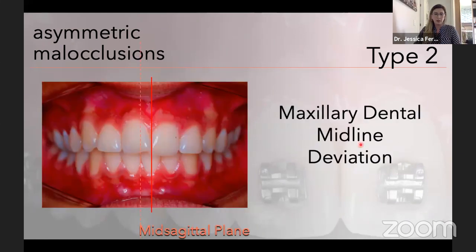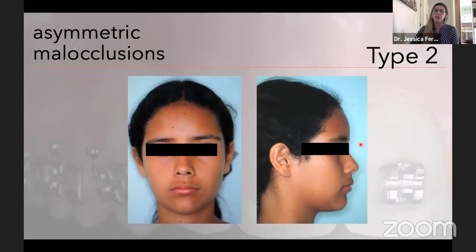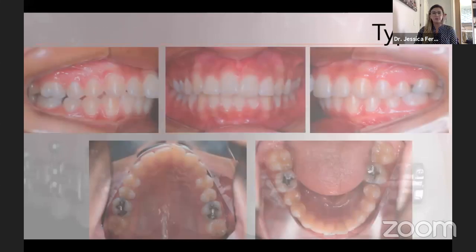So you can see in this case, the patient has a little bit of maxillary protrusion, but a satisfactory profile.